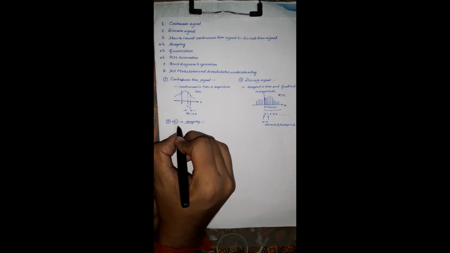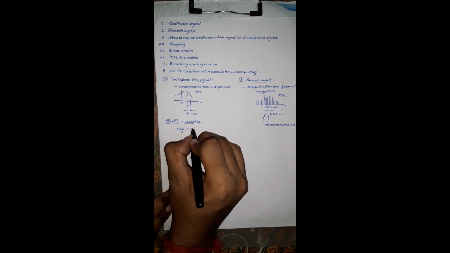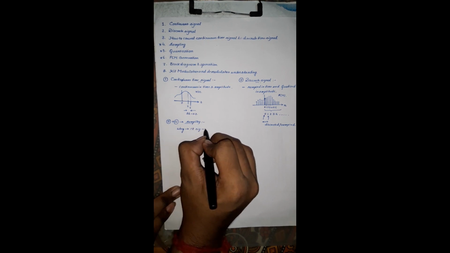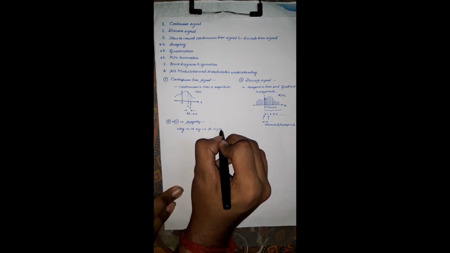Why are we doing sampling? Because we are converting the continuous time signal, CT signal, to a discrete time signal. Our motto is that. Why? Because we are studying digital modulation. Anything in our nature, our voice, our mobile phone signals, etc.